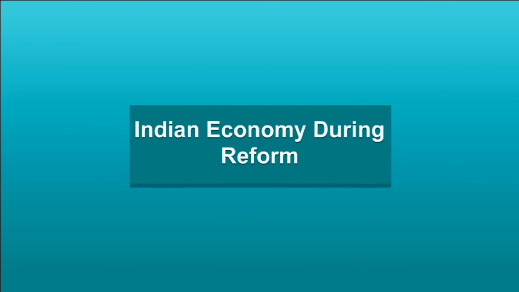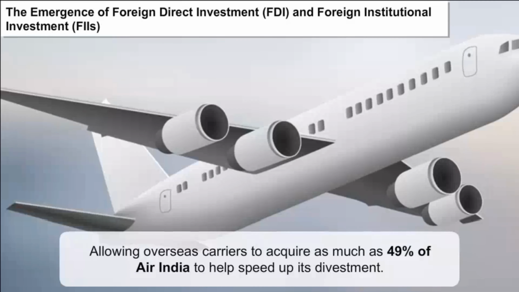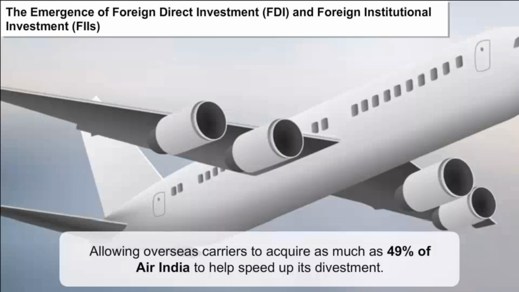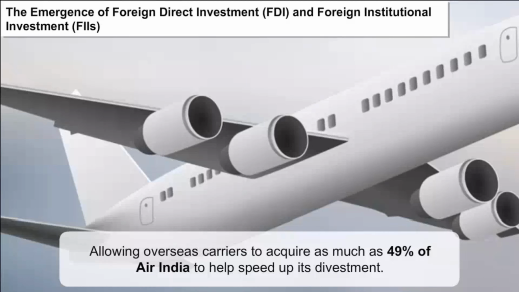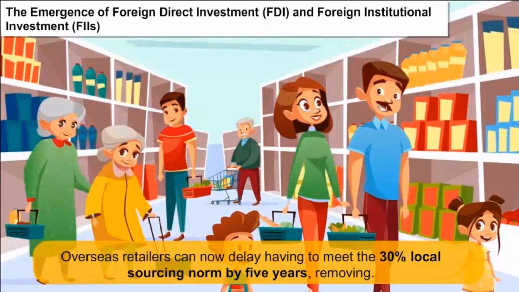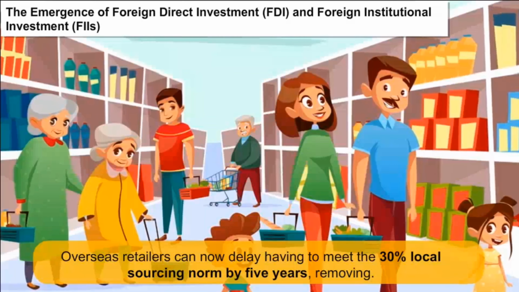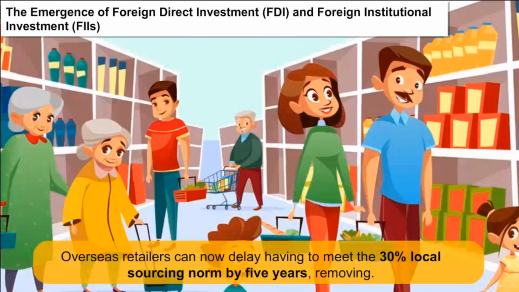India announced sweeping relaxations in foreign direct investment, or FDI, rules, in single brand retail and other areas, besides allowing overseas carriers to acquire as much as 49% of Air India to help speed up its divestment. Overseas retailers can now delay having to meet the 30% local sourcing norms by 5 years, removing.